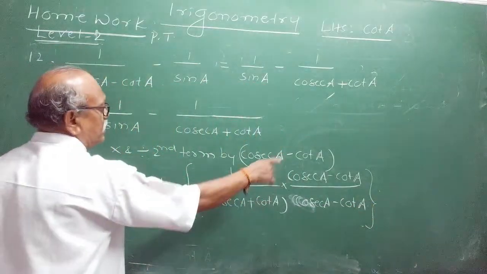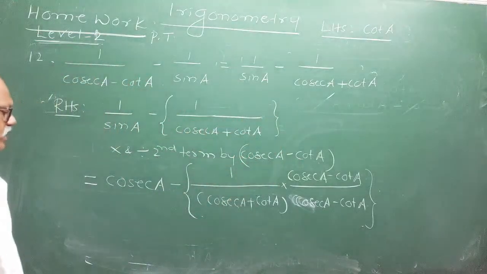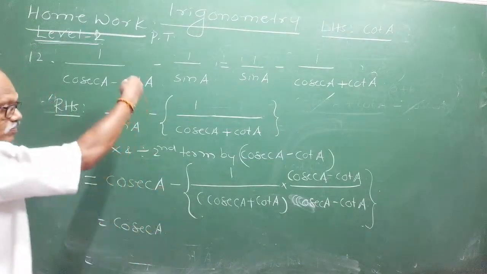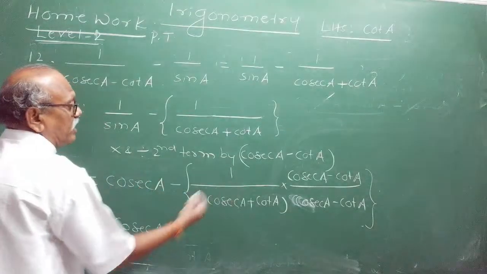Put all these things in the bracket only. There is a minus sign. You have to use brackets carefully. Otherwise, you will not get the answer correctly. Be careful. Every step will fetch you marks. Every step will have a thinking.